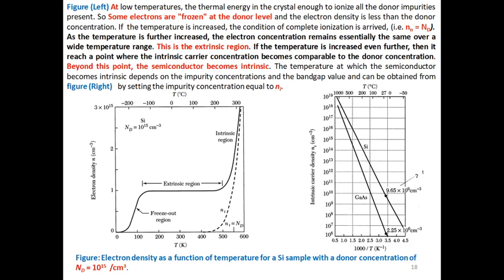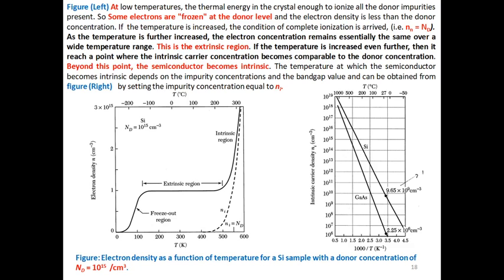And no doubt the temperature at which the semiconductor becomes intrinsic depends upon the impurity concentration and the band gap value. If you see the right hand side figure, we are setting the concentration for Ni, that value is given here: 9.65 times 10 to the 9 per centimeter cube for the intrinsic carrier concentration of silicon, and 2.25 times 10 to the 6 per centimeter cube for gallium arsenide, which is a function of temperature.